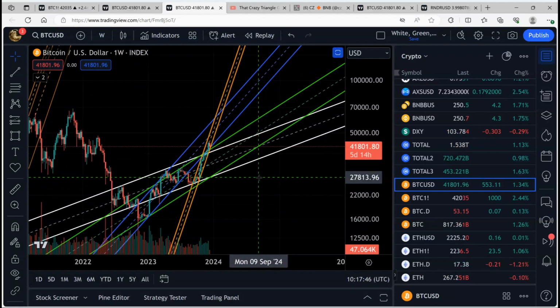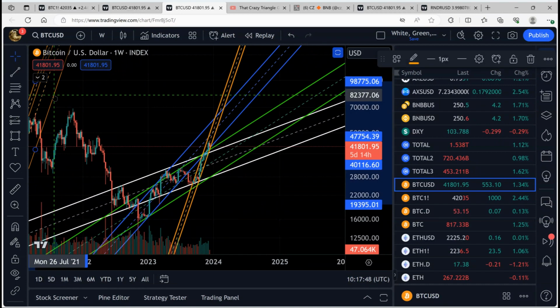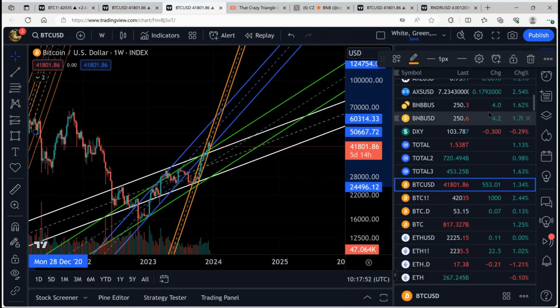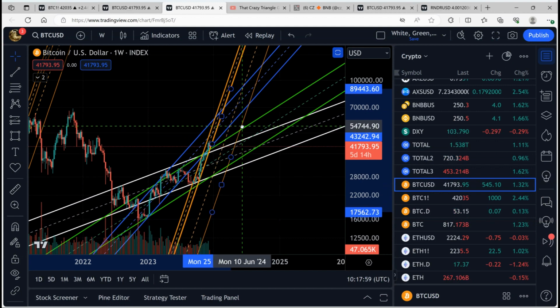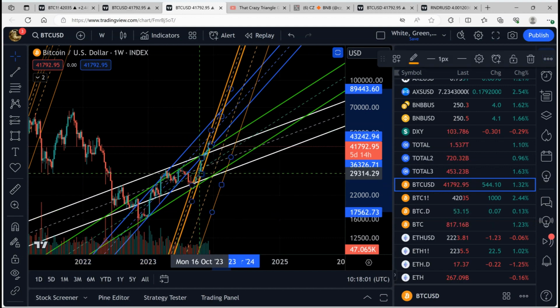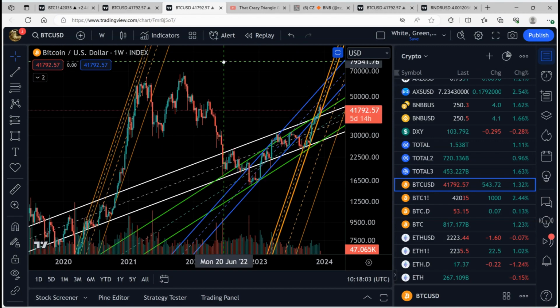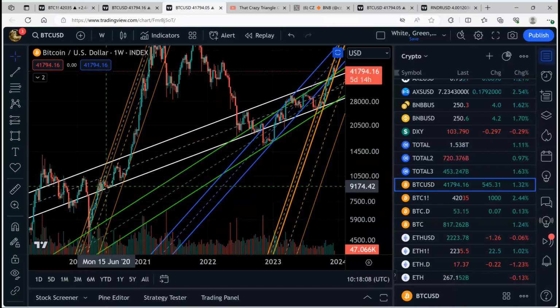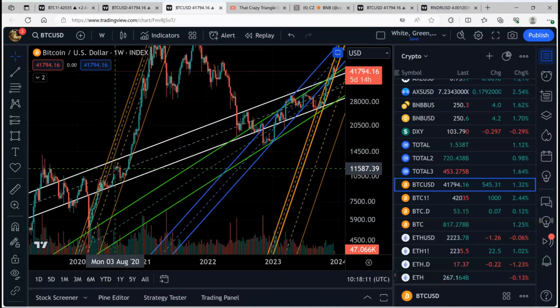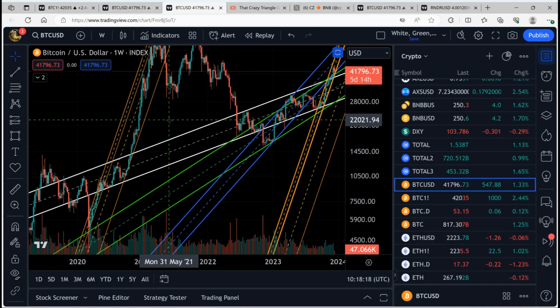Now, I'm going to take this, I'm going to clone it, and I'm going to pull it over here. And if you do that, just as back here, we had this little run here and then kind of danced sideways, came up at the same slope here for another little run, had a little correction, and then started the parabolic bull run.